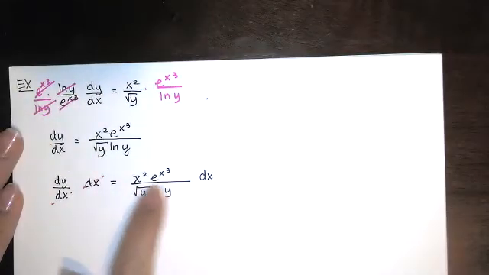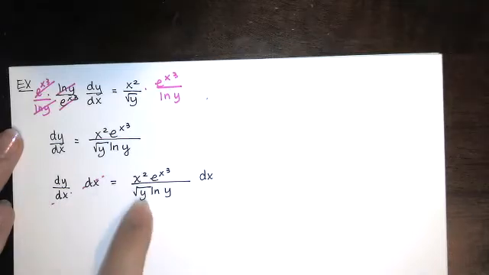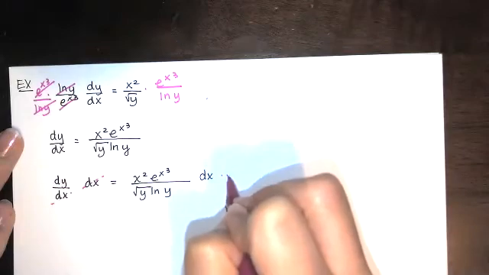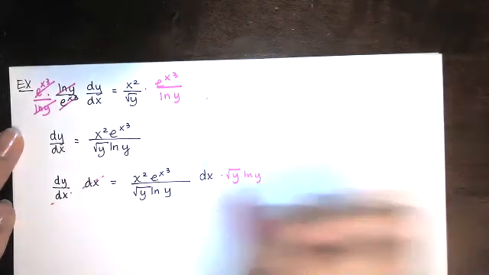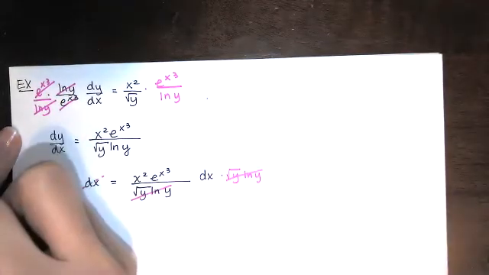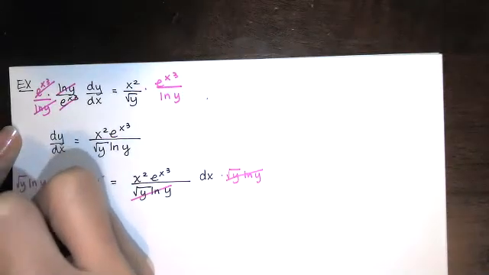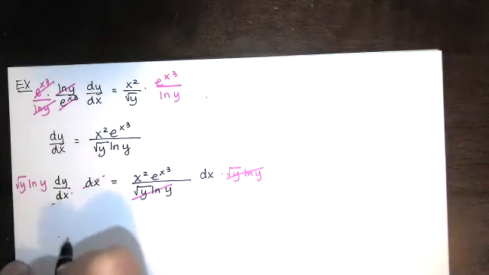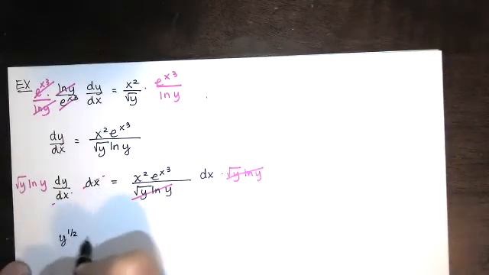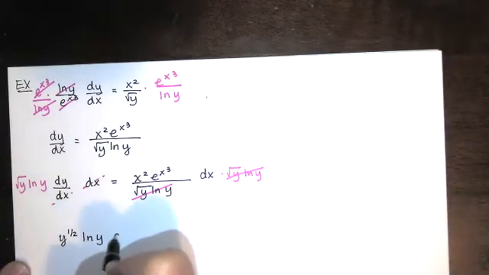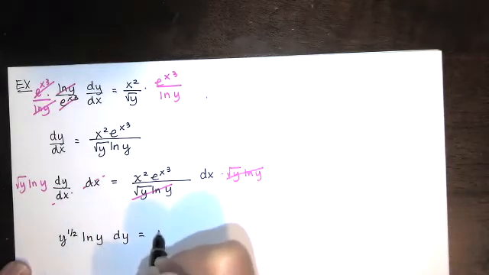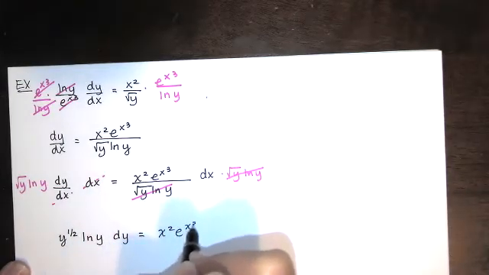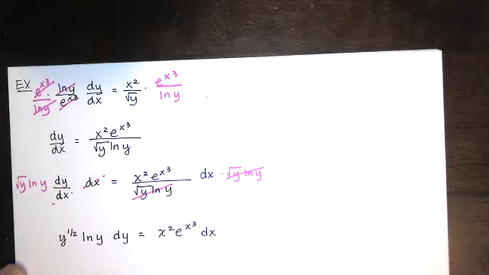And I want that y expression on this side with the y, so I'll multiply both sides by the square root of y times natural log of y as well. All right, so we've got square root of y, which I think I'll rewrite as y to the 1/2, times natural log of y dy equals x squared e to the x cubed times dx.